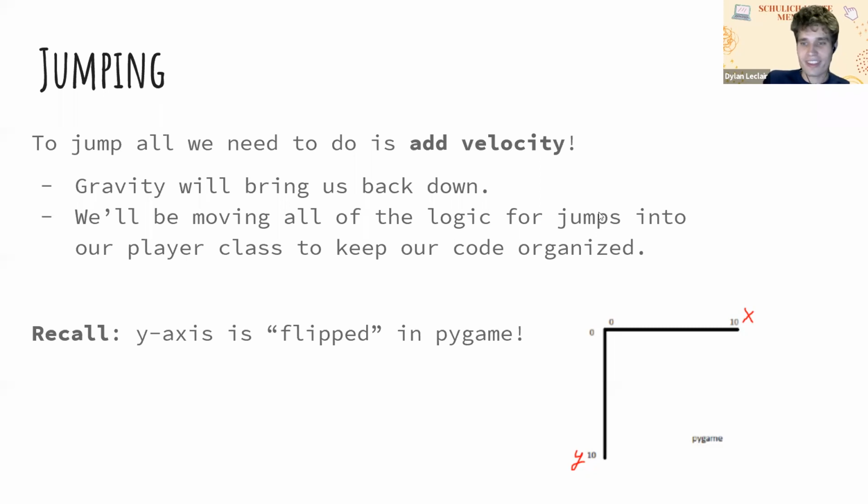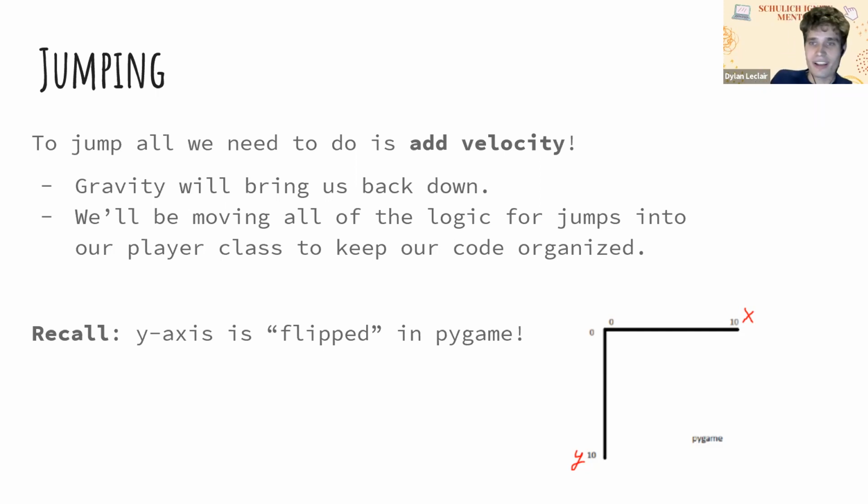But the important thing to remember is that gravity is pretty much always going to be there for us. It's always just going to be bringing us back down. So when we change the velocity like this, or we increase our speed in the upwards direction, gravity will help us take care of actually lowering it and then bringing us back down eventually.